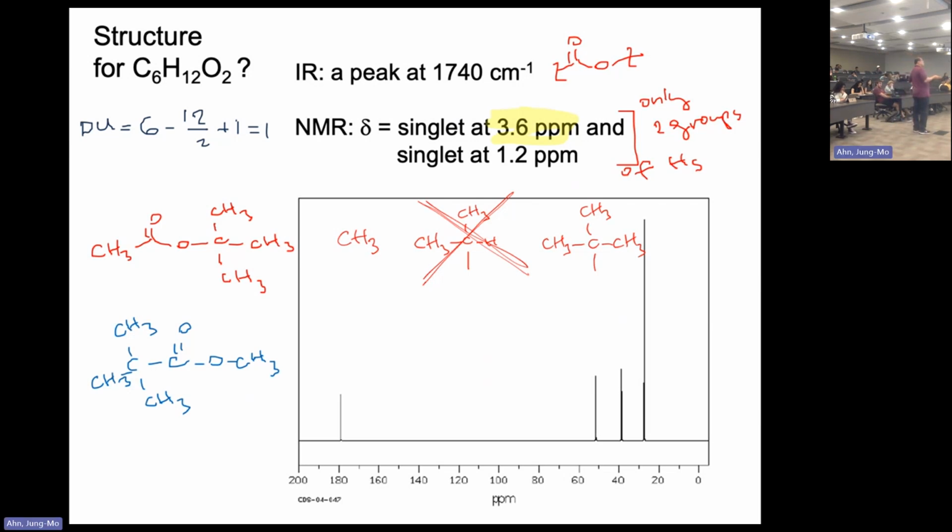What would be the chemical shift for this one? Being connected to the carbonyl, this one is going to be like a 2.4, right? Not 3.6. There's no way this will go down to 3.6. This will be upfield because it's not the oxygen next to it; it's the oxygen one carbon away.